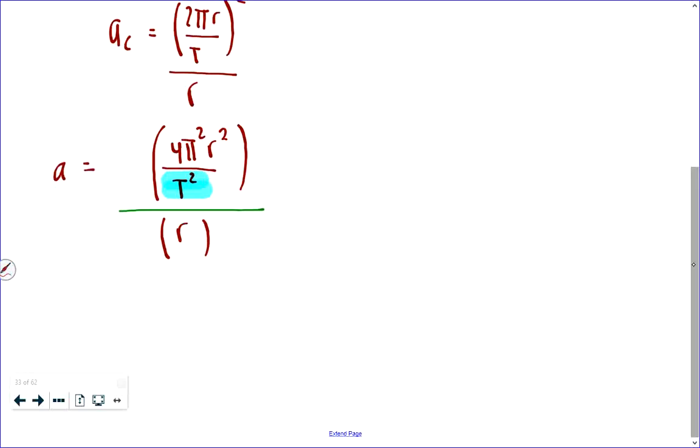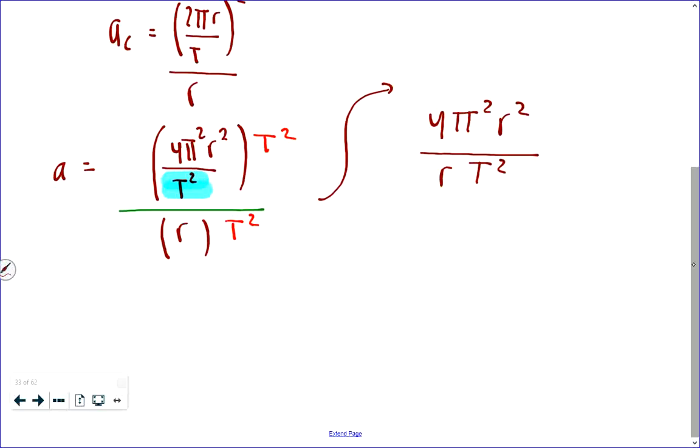I can multiply the numerator by t squared and the denominator by t squared. This is the most efficient and best way to clean up a complex fraction. So what we get is 4 times pi squared times r squared over r times t squared, because this t squared cancels with that t squared. Now in the numerator you just have 4 pi squared r squared, and in the denominator you have r squared t squared. This is equal to a.